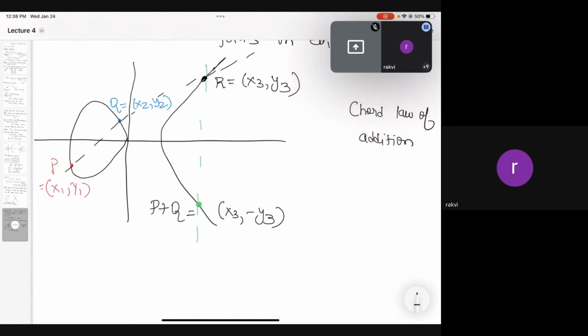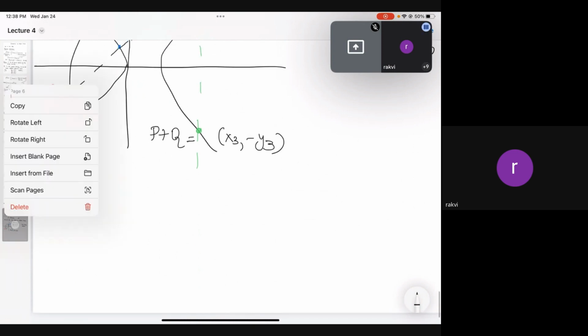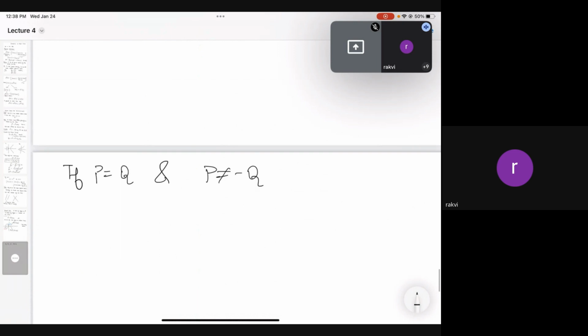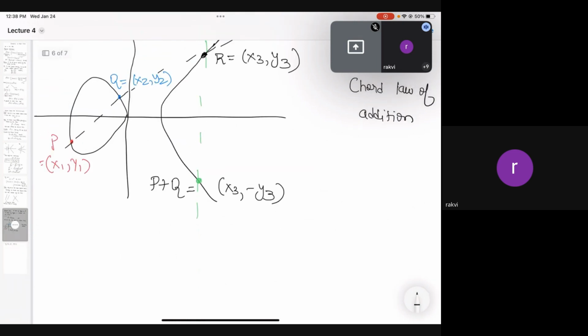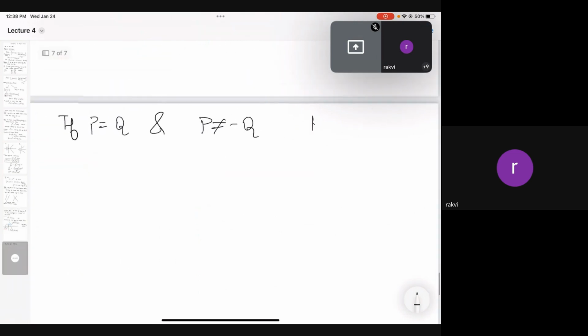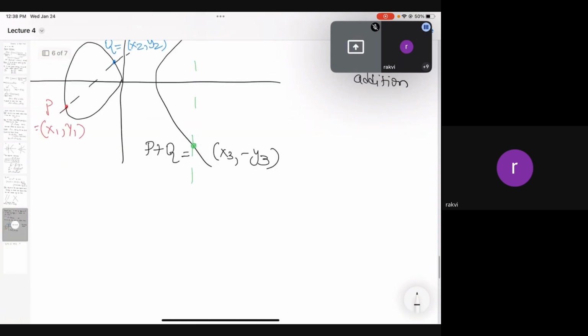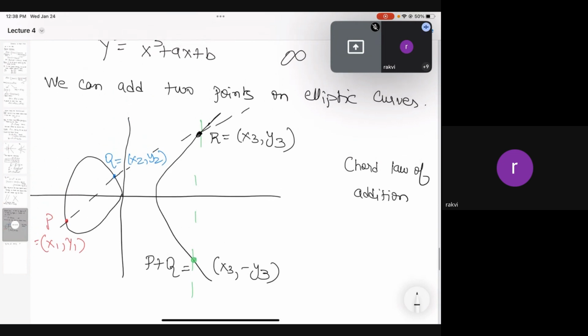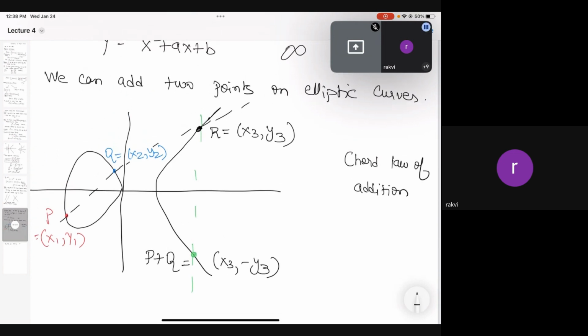If P was equal to Q, let's say, then how do we do this? Because we don't have a chord anymore. So let me open a new page. If P is equal to Q, and P is not equal to minus Q, because if P is simply equal to minus Q, then P plus Q is minus R here, right?